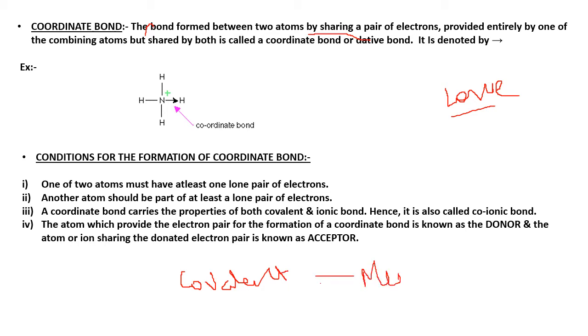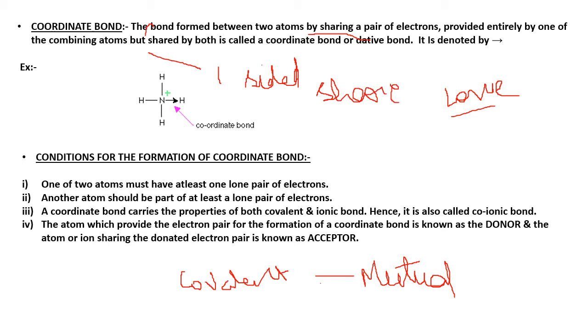Whatever we gave you, we will take the same from you as well. But in a coordinate bond it is one-sided sharing only. It means I am giving you, but in return I am not taking anything from you. So that is known as one-sided sharing of electrons. Clear?